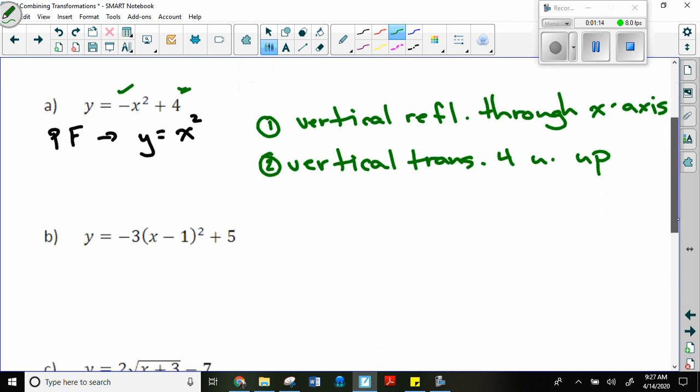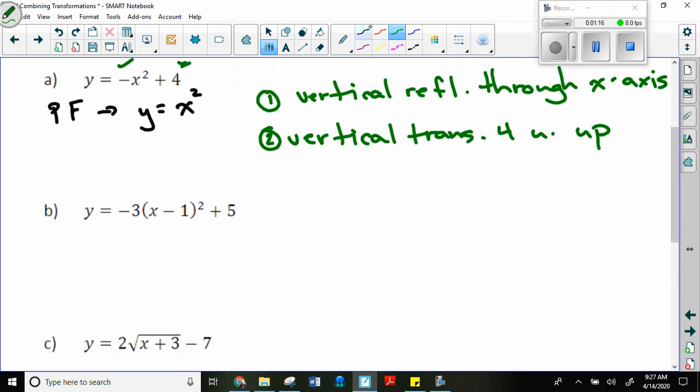Good. Okay, the parent function over here is a quadratic parent function. Y equals x squared. There are 1, 2, 3 things happening vertically and 1 thing happening horizontally with this graph.